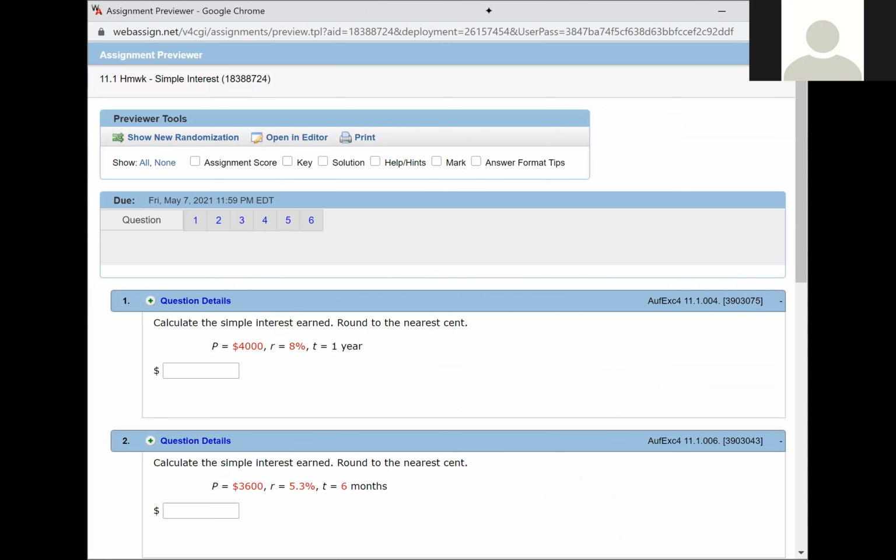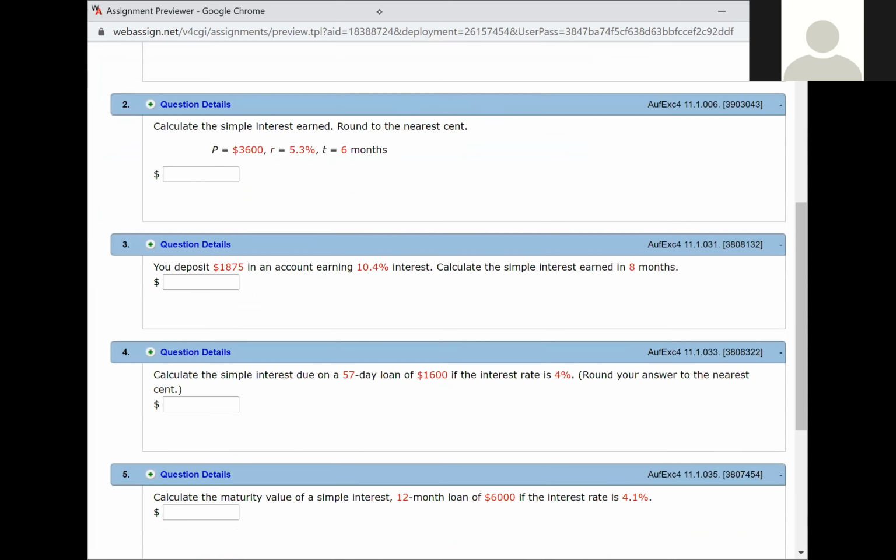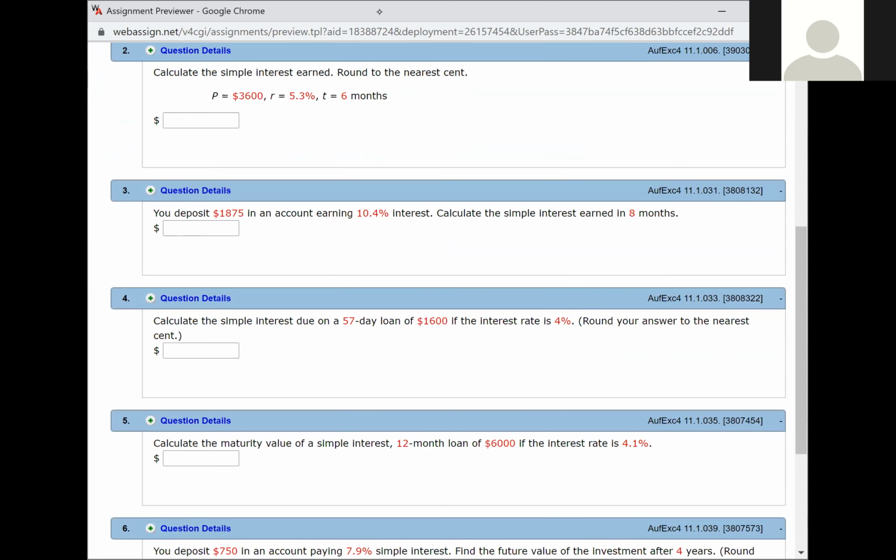Let me get mine up too. Okay, so mine says... my computer's slow. Okay, all right. So I'm trying to get there as quick as I can.